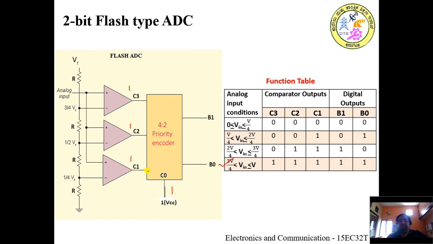In such a case, since all the inputs of the priority encoder are 1, the C3 has got the highest priority, as we know. Since C3 has got the highest priority, it will take the precedence, and according to this, an output 1, 1 is produced. This is how a binary digital output is produced on B1 and B0.